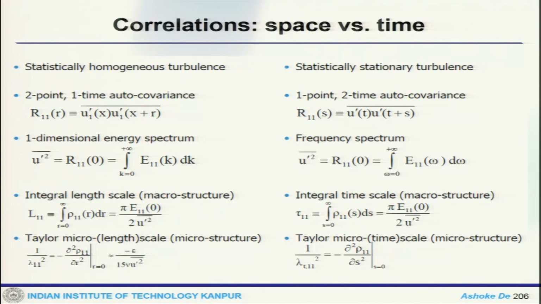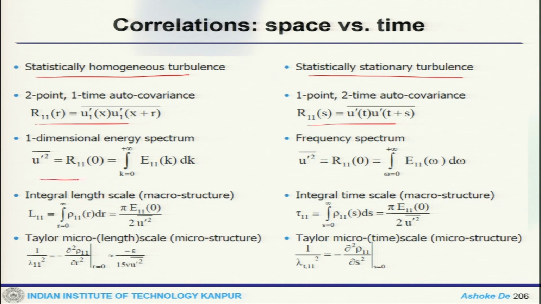If you combine things here, in one case you have statistically homogeneous turbulence, and you can also have statistically stationary turbulence. Your two-point space covariance is calculated like this, and the one-point time covariance is calculated like that, because this is statistically stationary turbulence.